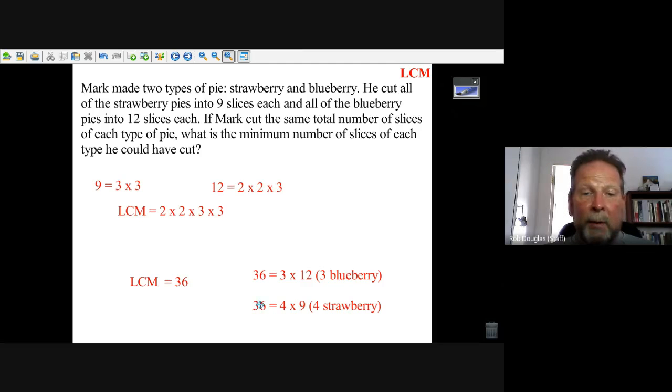The smallest number where you'd have 12 and 9 dividing evenly in would be 36. 36 is the answer to this minimum number of slices of each type that he could have cut. So sometimes the words get a little bit weird, but if you go through it slowly, and think about it, you'll be able to come up with the right answer. Now, the first 2 types, it's either a highest common factor or a least common multiple problem.